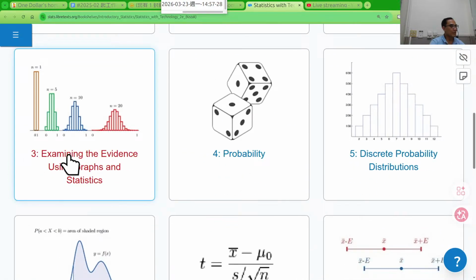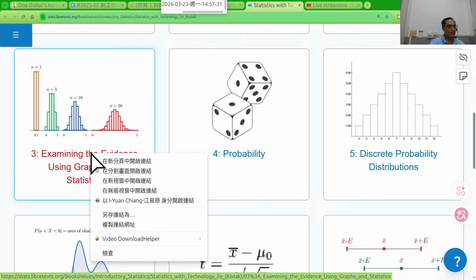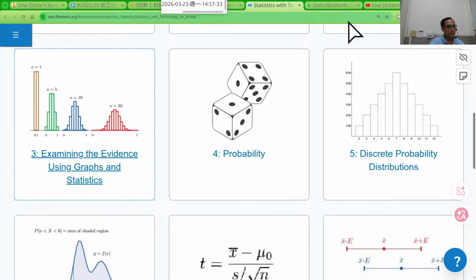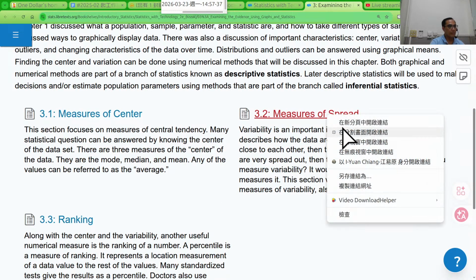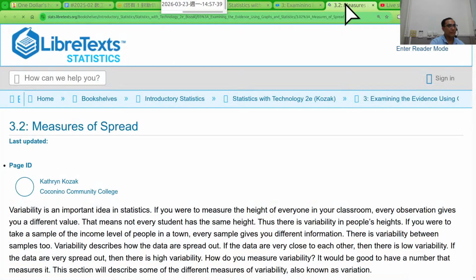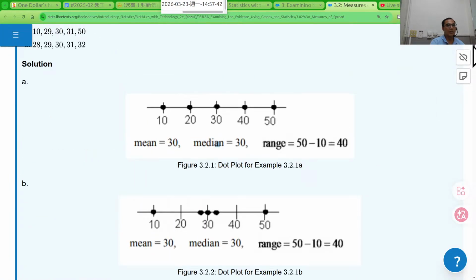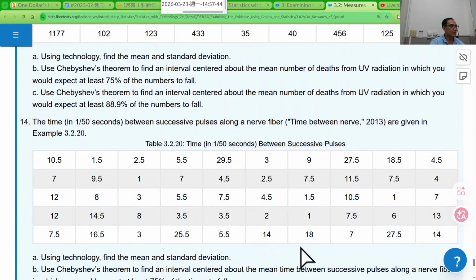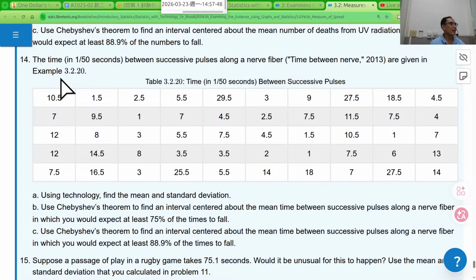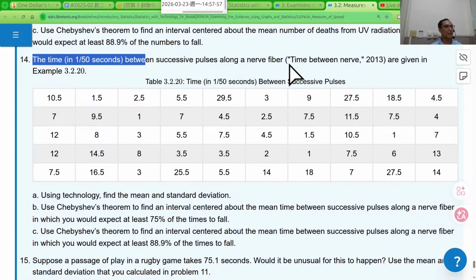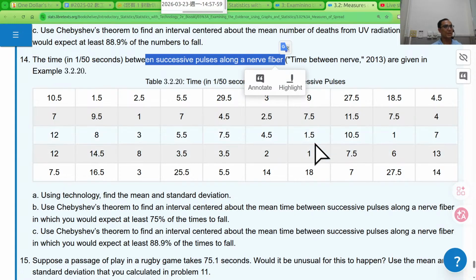Chapter number 3. Okay, now for example, the time in 1 of 50 seconds between successive pulses along a nerve fiber.